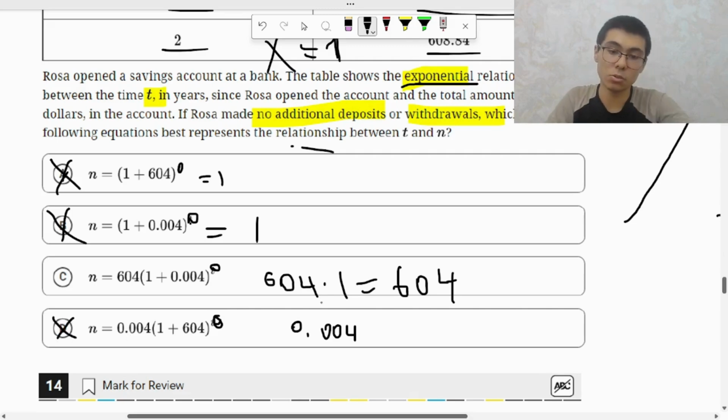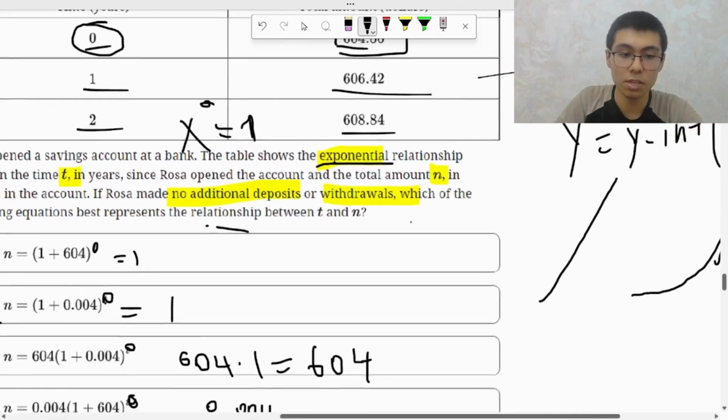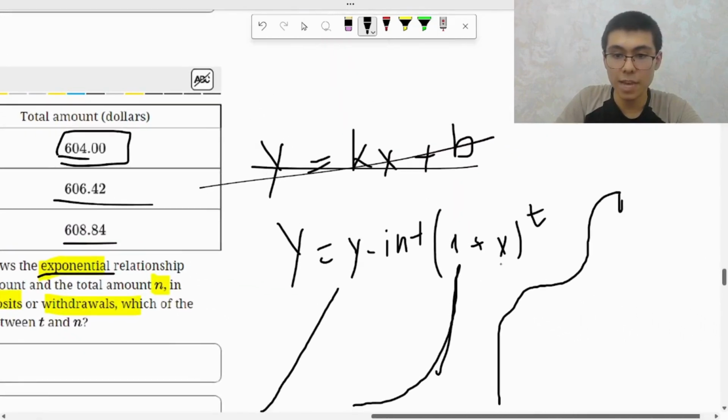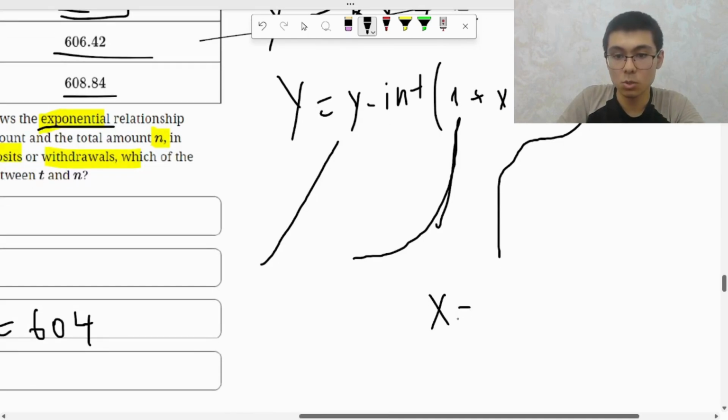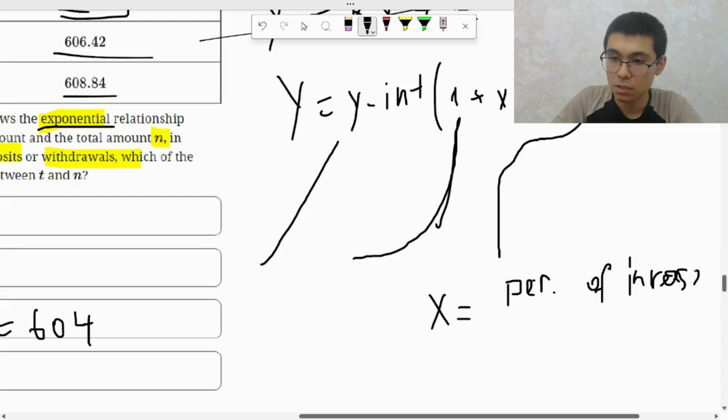By the way, I forgot to tell you the equation of this thing here. So x here equals the percent of increase divided by 100%.